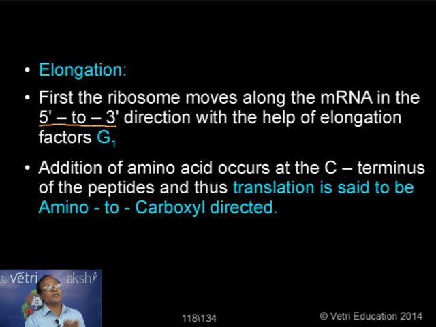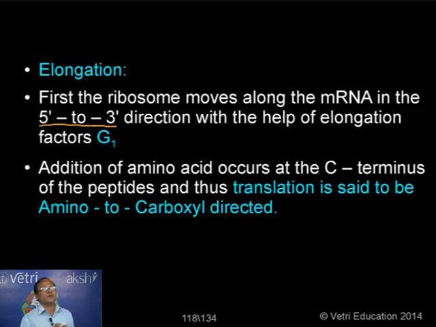The first amino acid, methionine, is at the N terminal, and all other amino acids are added only to the carboxyl group. So translation always proceeds in the direction of amino to carboxyl terminal, because the first amino acid methionine is present at the N terminal.